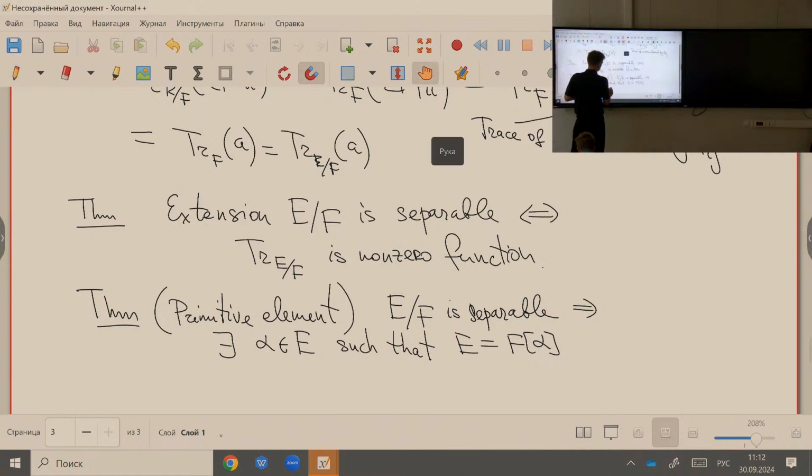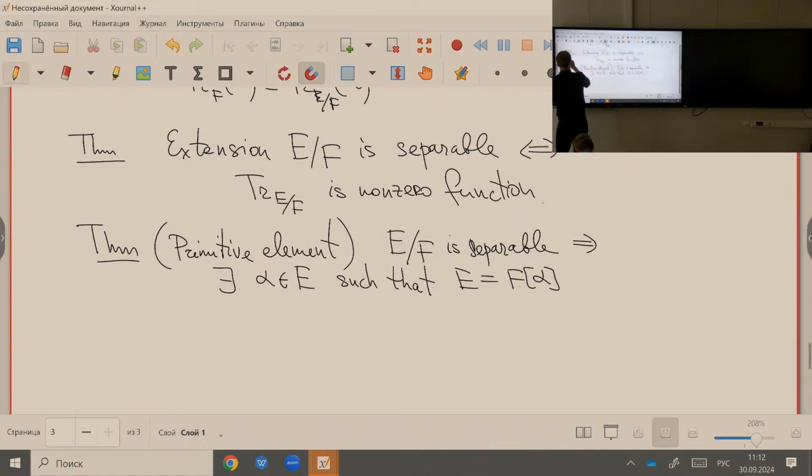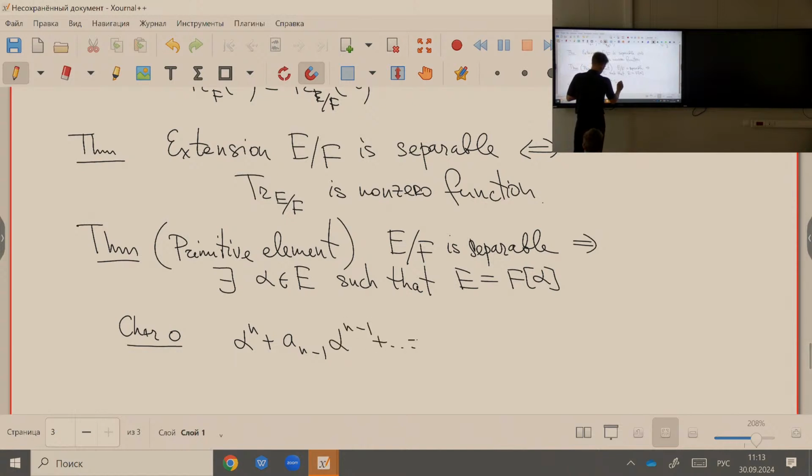So this is the root of one element, and in the characteristic 0 case, it gives you the polynomial alpha^n plus alpha_{n-1} alpha^{n-1}, etc., plus alpha_0.